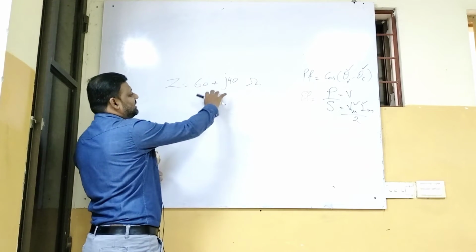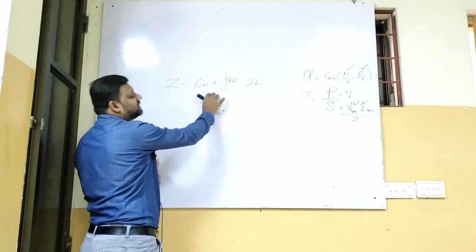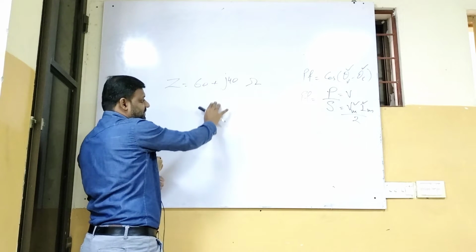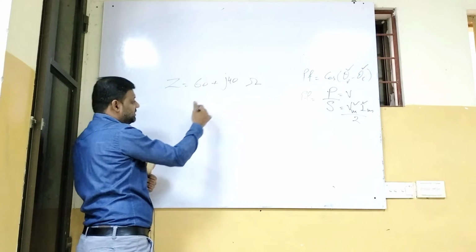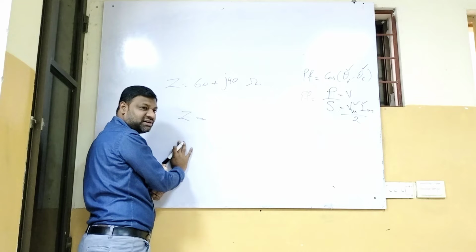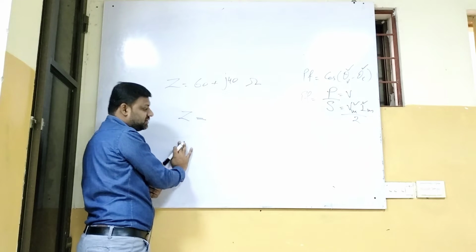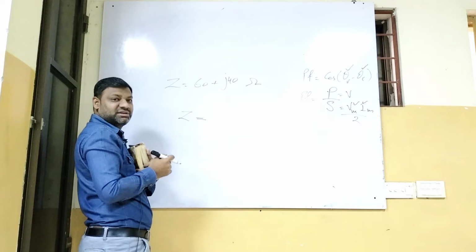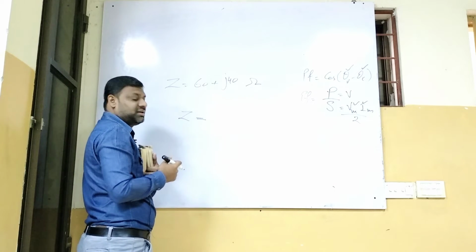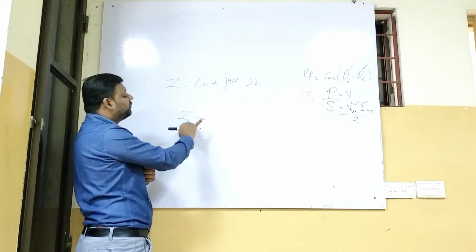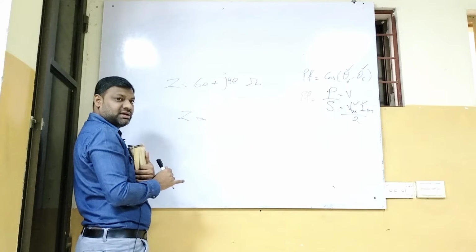Can you give me the phasor expression of impedance? The general phasor expression of the impedance. Z is equal to, in terms of voltage and current. The formula of impedance in terms of voltage and current. Z is equal to VI.